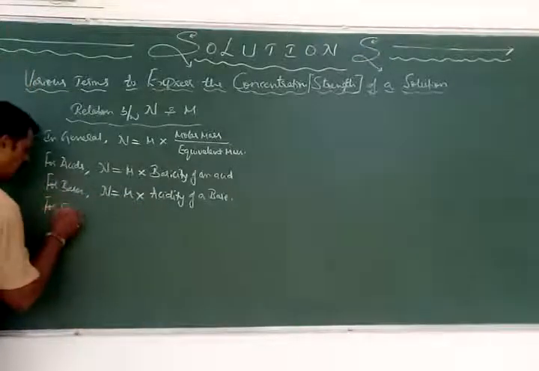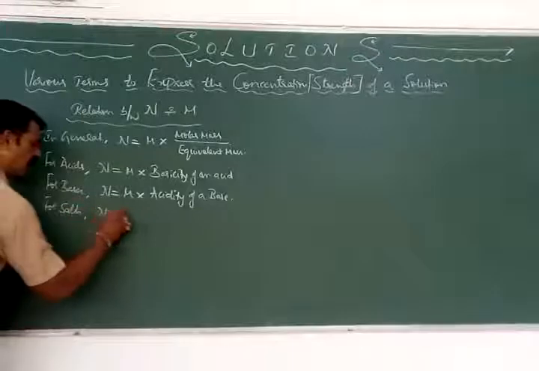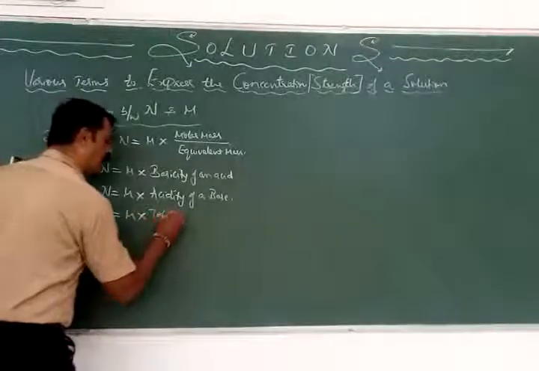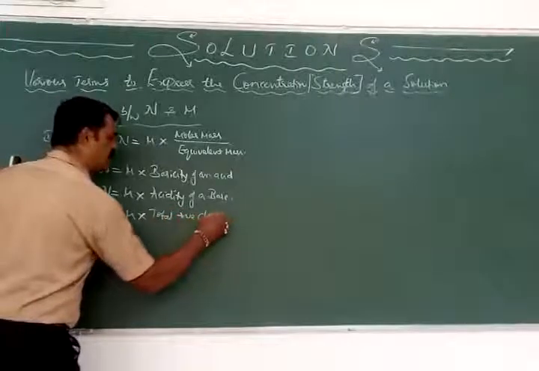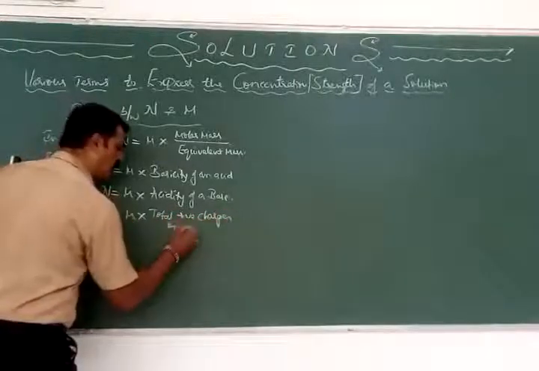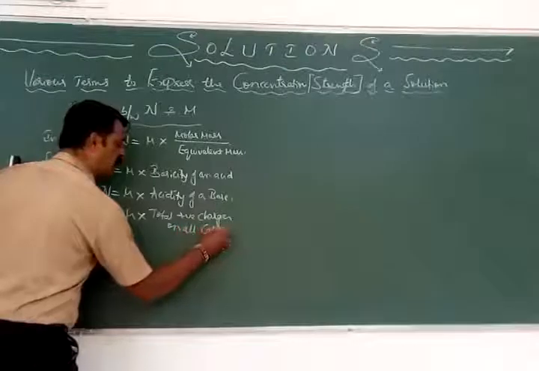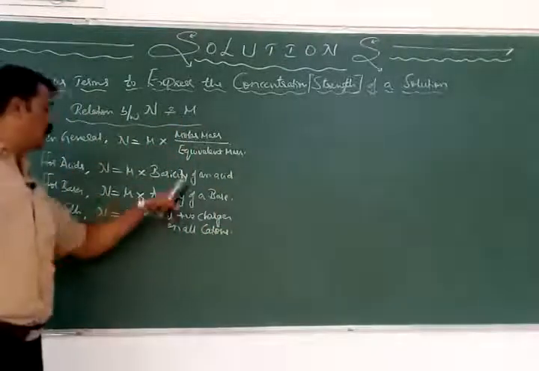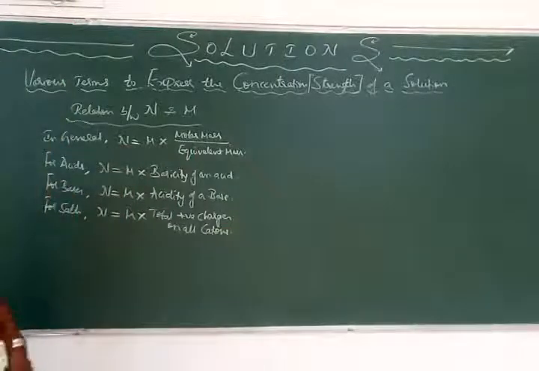For salts, N is equal to M into the total positive charges on all the cations. Normality is equal to molarity into the total positive charges carried by all the cations.